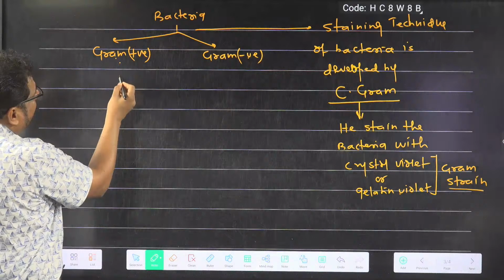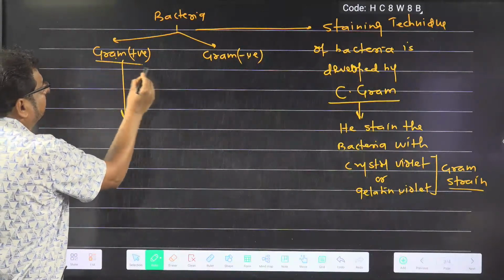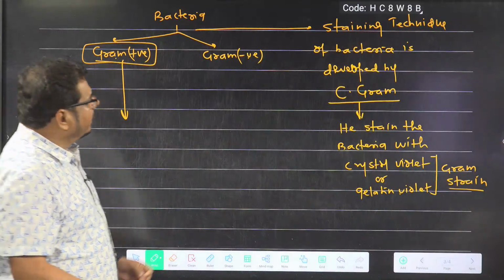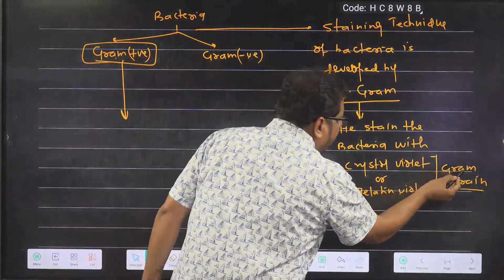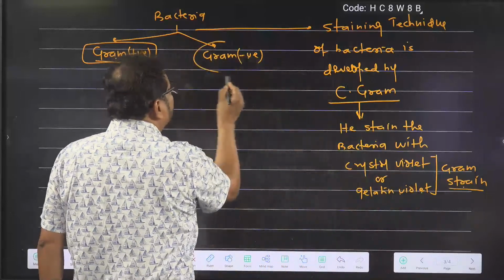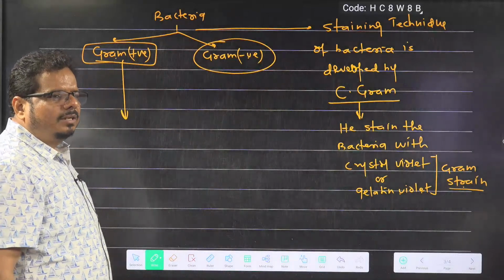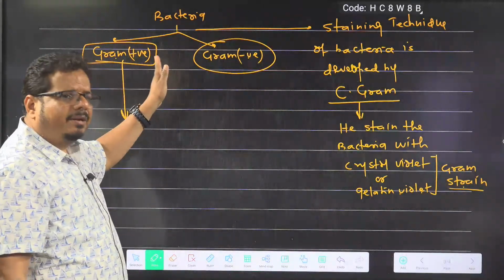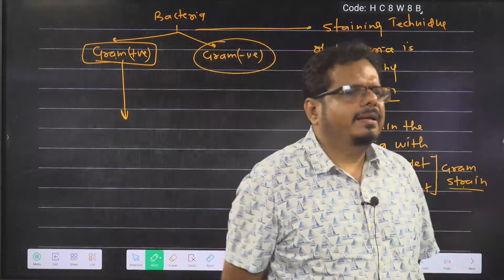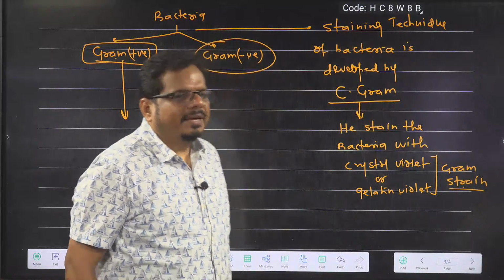After washing with alcohol, those that retain the stain, meaning not washed completely, are called gram positive. The bacteria stained with the gram stain, that is crystal violet or gentian violet, and that lose the stain are called gram negative. Got the idea? So those that get stained by gram stain are called gram positive bacteria. Those that do not get stained by gram stain are called gram negative bacteria.